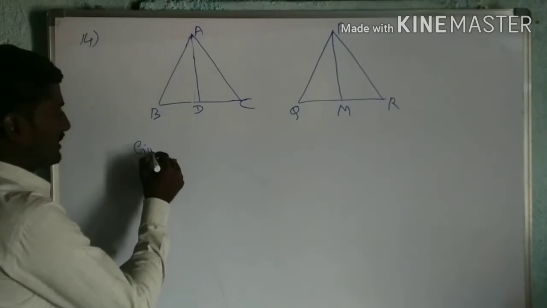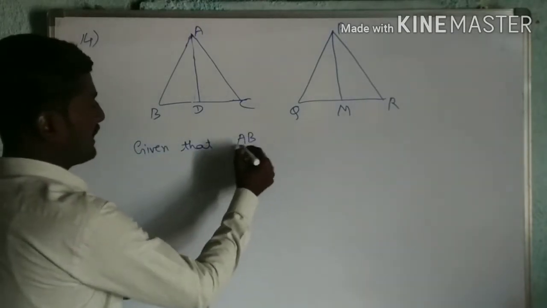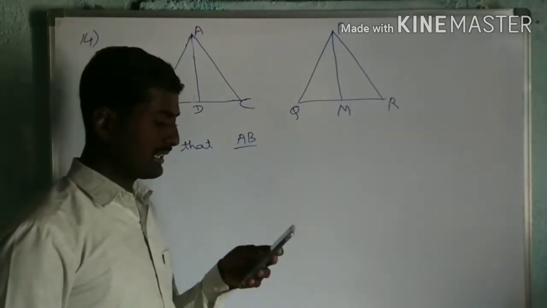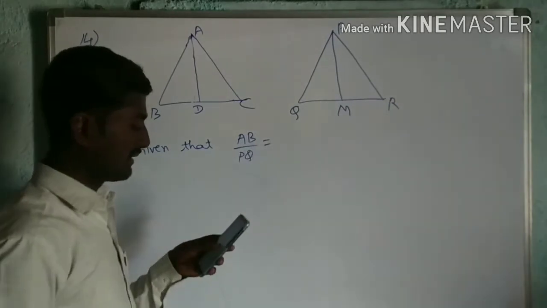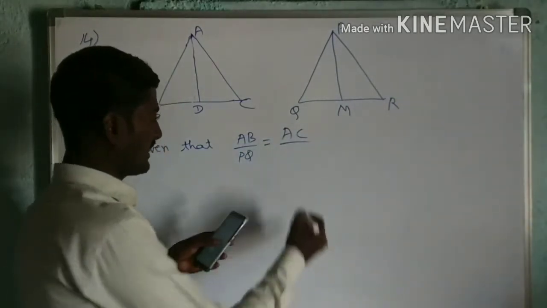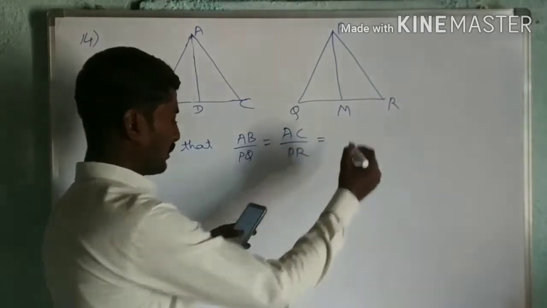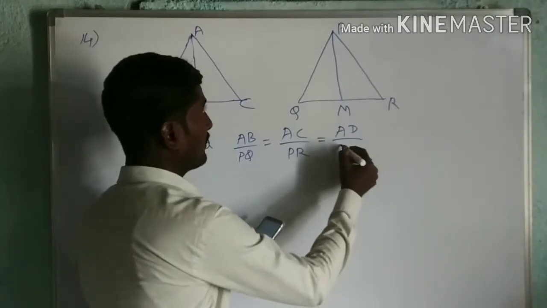Given that AB divided by PQ is equal to AC divided by PR is equal to median AD divided by PM.